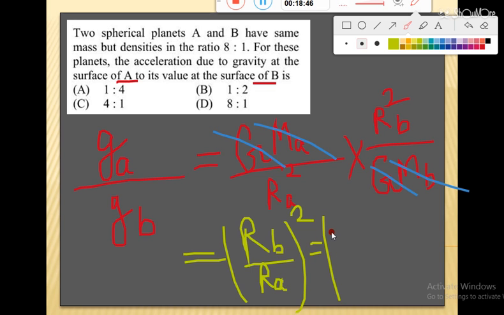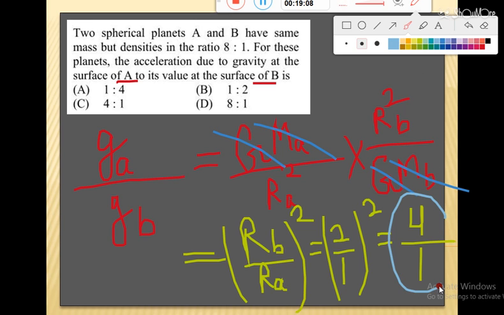We know the value of r2 by r1 was 2 by 1, squared. So the ratio of acceleration due to gravity of planet A to planet B comes out to be 4 by 1. So this is the final answer, the ratio of ga by gb.